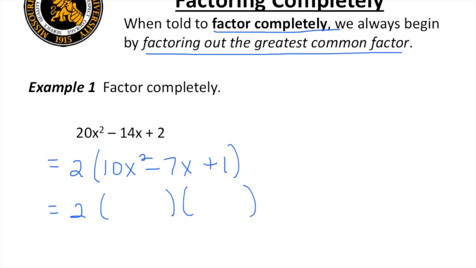Recall that to factor a trinomial, we look at the first term to determine the factors that appear as the first terms in our binomials. So the factors of 10x squared depend upon the factor pairs of 10, which include 1 times 10 and 2 times 5.